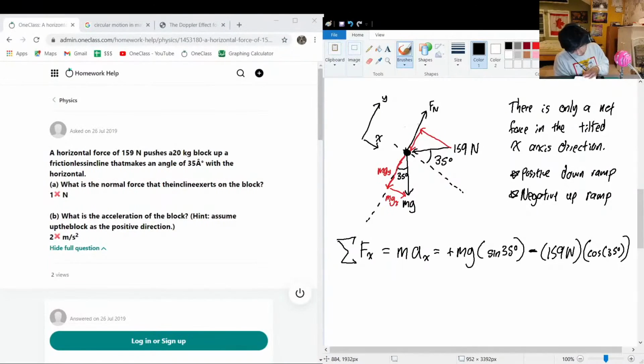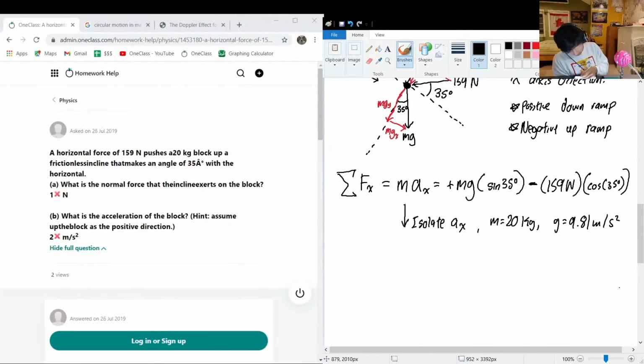Okay, so let's isolate AX. M is equal to 20 kilograms, and G is still going to be 9.81 meters per second squared.